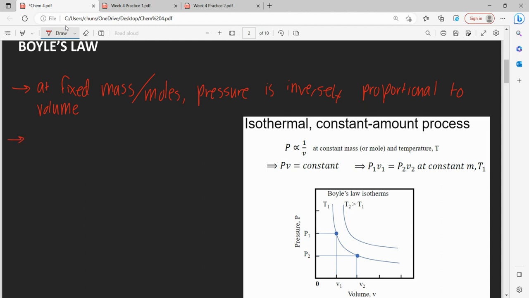So this means we also have a constant temperature. And this model represents Boyle's law.